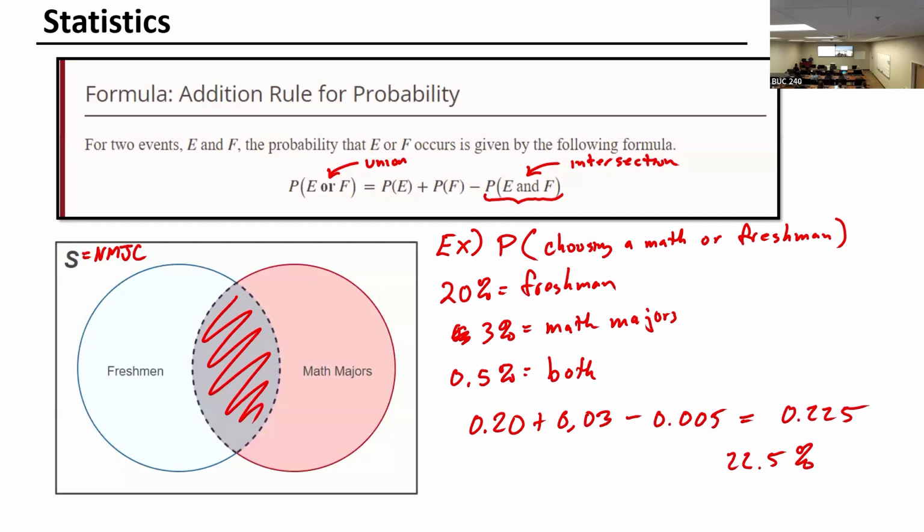What this is saying, because remember, concept is key in this class. Yes, I show you math, but I want you to actually know something when you walk out of here. If I decided to just randomly walk around the campus and every single person was on the campus, or I did a random search, the chance of me picking someone who is a freshman or a math major is 22.5%. Okay, that's my odds.